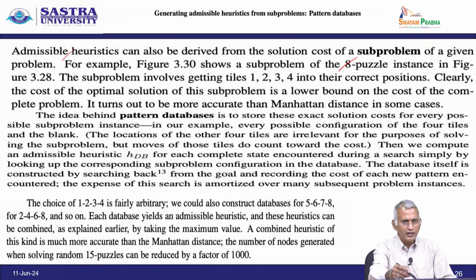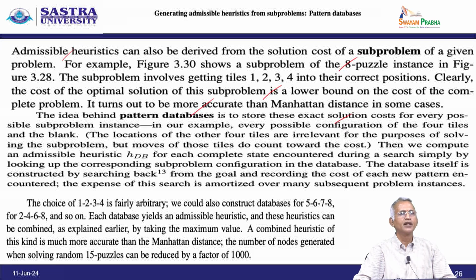It turns out to be more accurate than Manhattan distance in some cases. So, the idea behind pattern databases is to store these exact solution costs for every possible subproblem instance; in our example, every possible configuration of the 4 tiles and the blank.